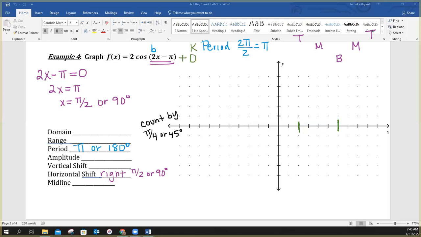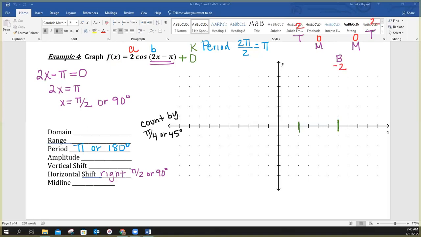So that's my K. My amplitude is A. For the middle, every time I hit the middle of this graph is 0 because that's K. The top and bottom, I have to add the amplitude. So my amplitude is 2. So I have to add 2 to 0 to get the top of the wave and subtract 2 to get to the bottom of the wave.